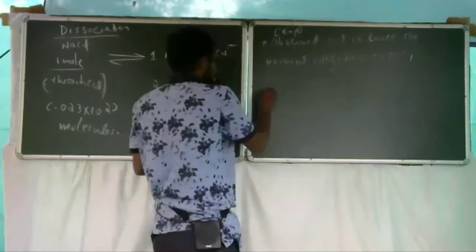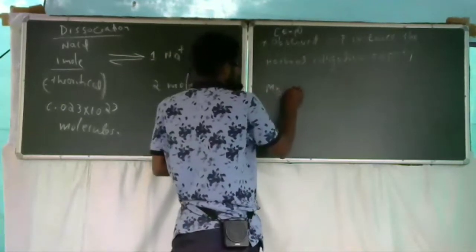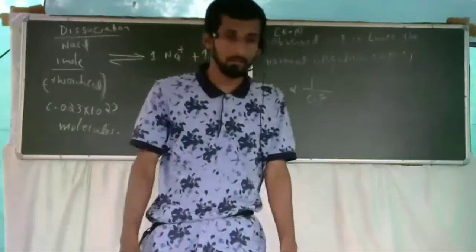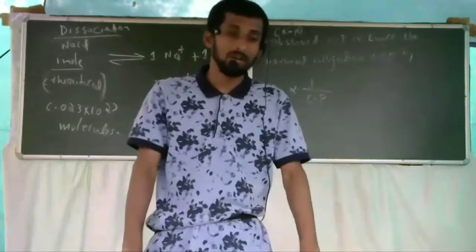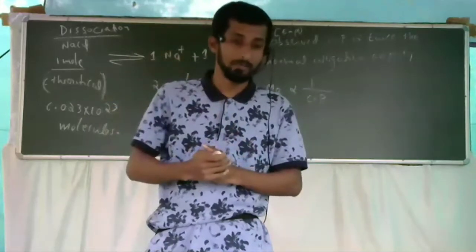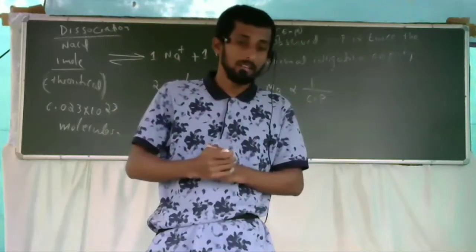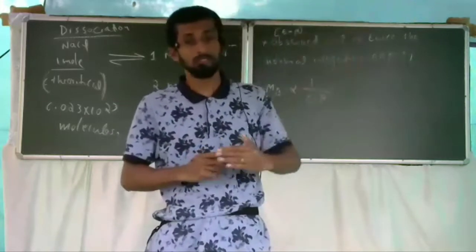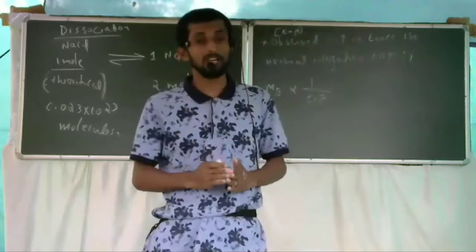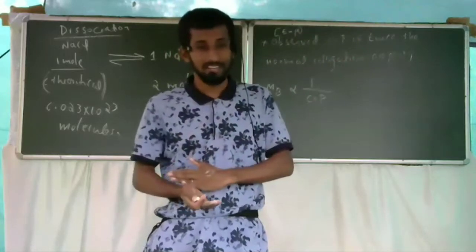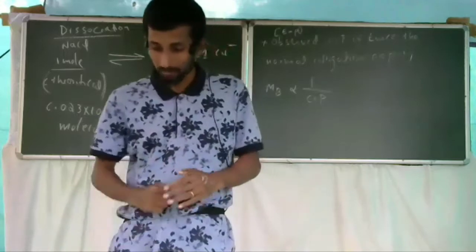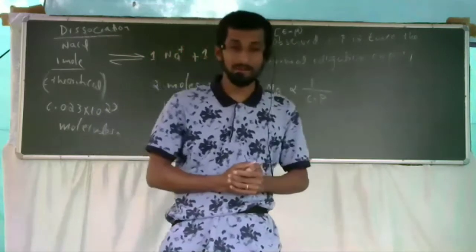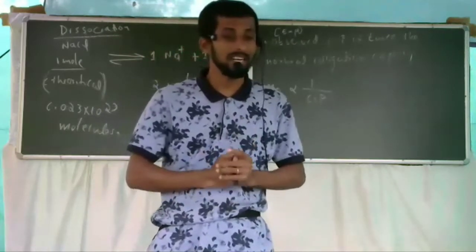Now we know molecular mass Mb is inversely proportional to colligative property. In any formula relating molecular mass and colligative property, the colligative property comes in the denominator. For osmotic pressure, Mb equals WBRT divided by pi V, with pi in the denominator.